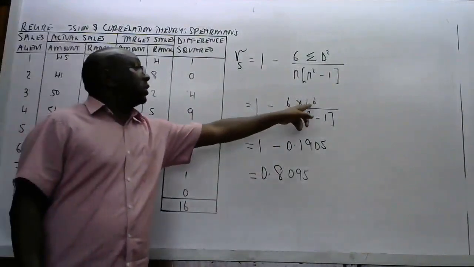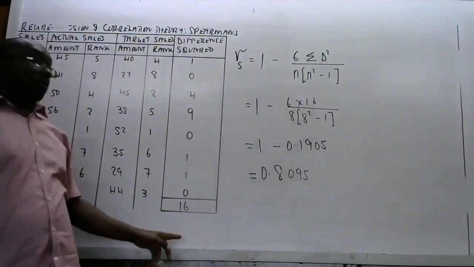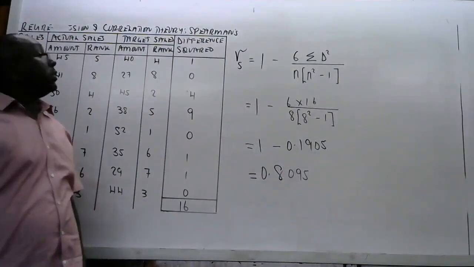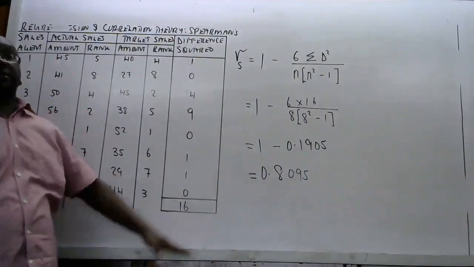This is already squared. That's why it's called difference squared.